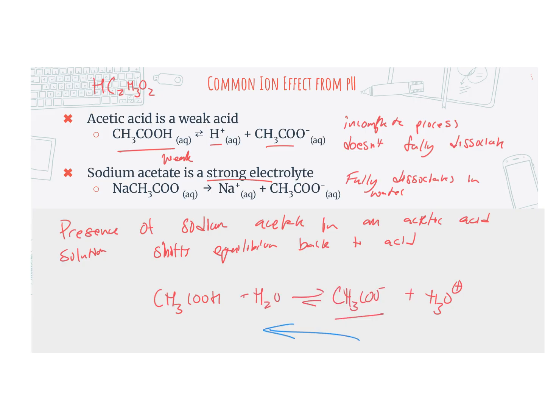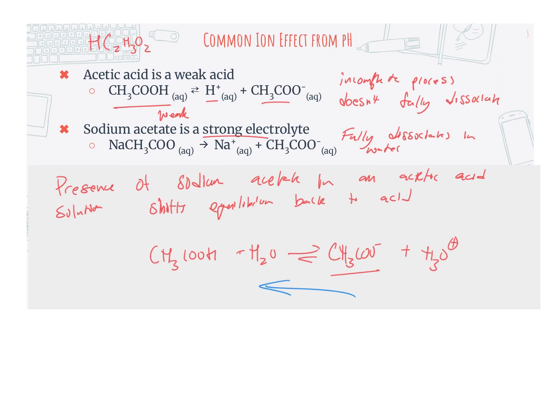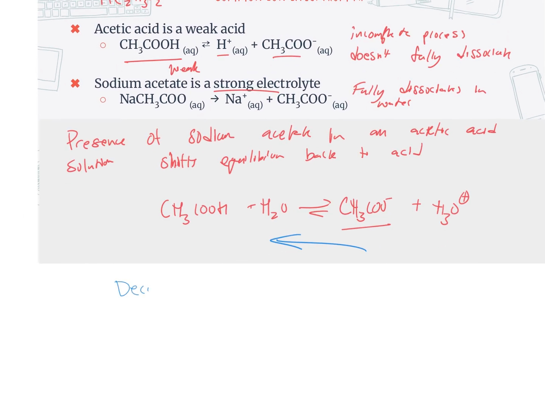And so in a buffer solution, adding more of the salt is actually going to shift the equilibrium to the left, which decreases the concentration of H3O+, which will decrease the pH of the solution.